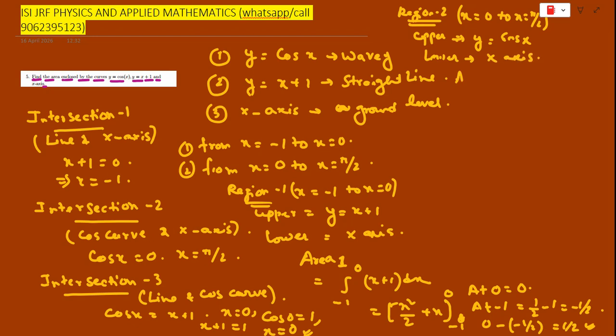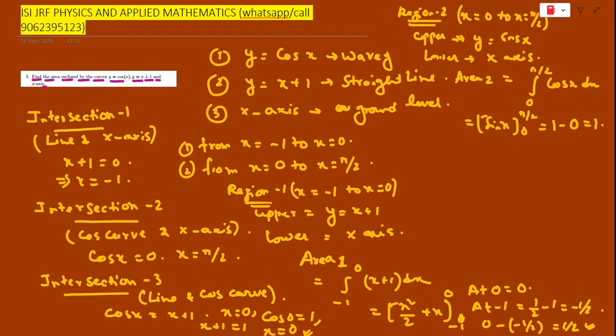So area 2 is the integration from 0 to pi by 2 of cos x dx. Let's simplify this. This will be sin x from 0 to pi by 2, so this is 1 minus 0, that is 1.